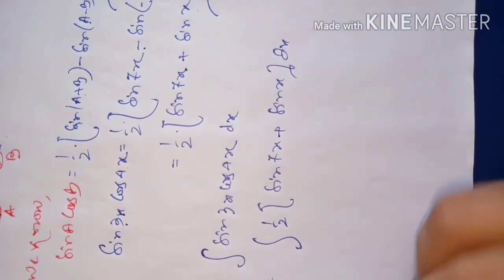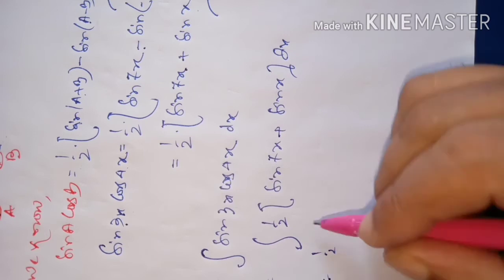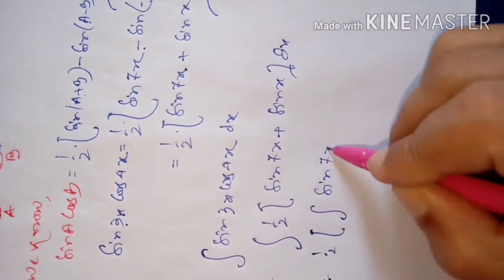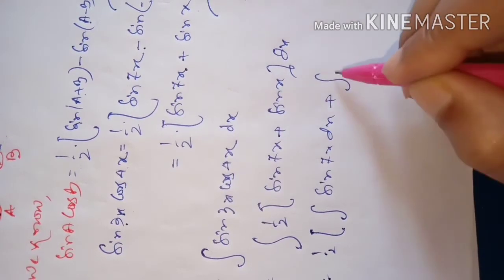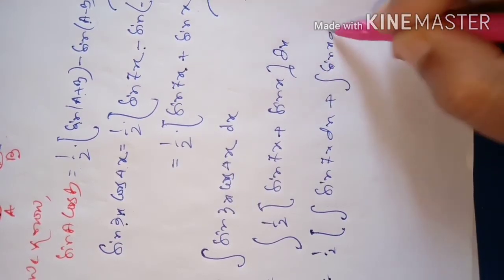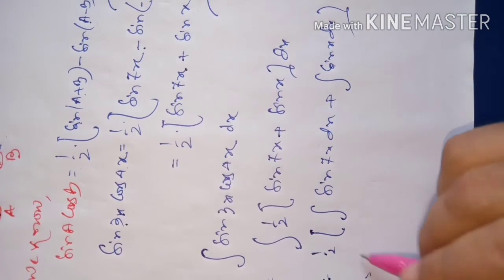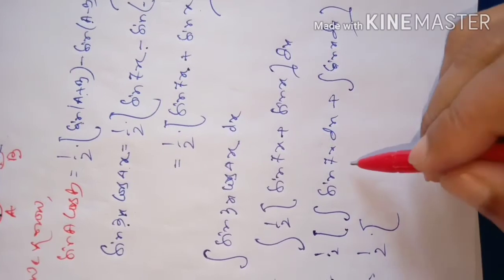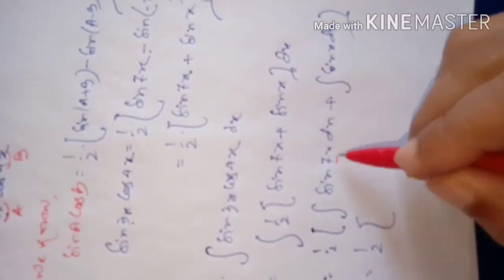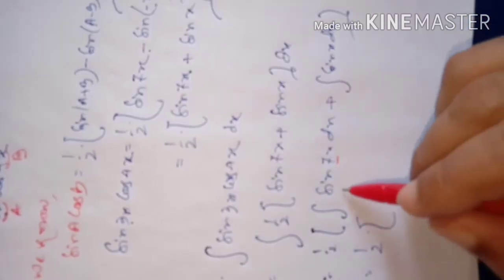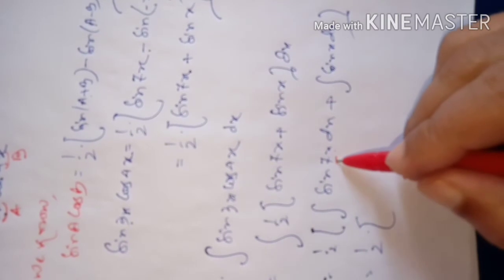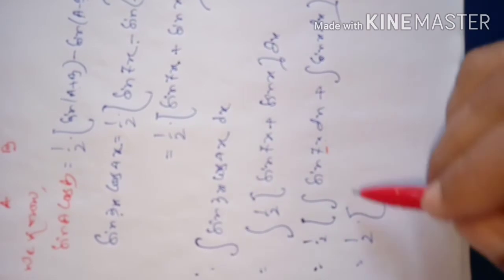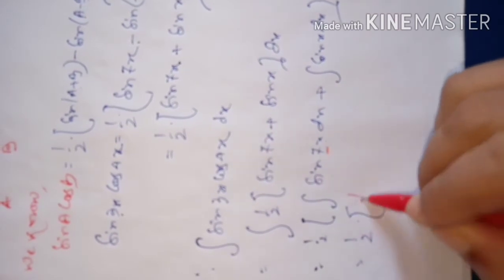Now this half we can keep aside, half into big bracket integration of sin 7x dx plus integration of sin x dx. Dear students, just before I was telling you, if there is a constant multiplied with the variable in an expression like sin or cos, then that constant becomes a reciprocal coefficient. So this 7 will come as a reciprocal coefficient here, 1 by 7.